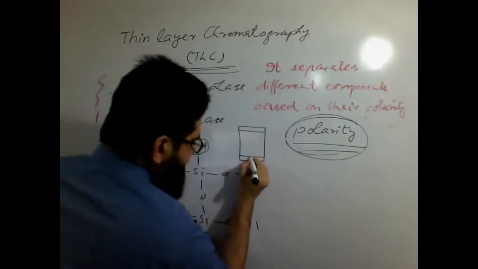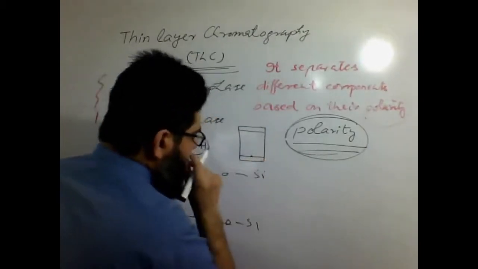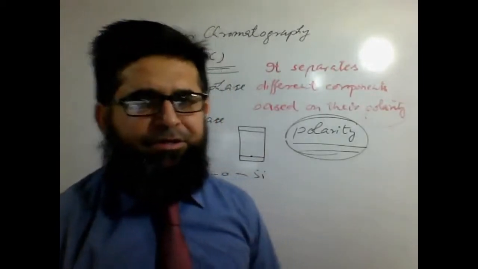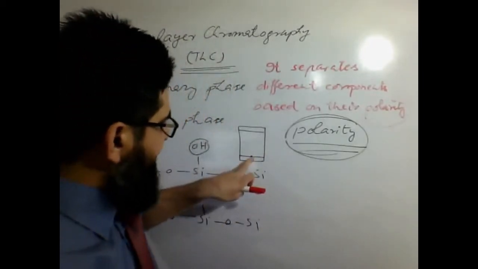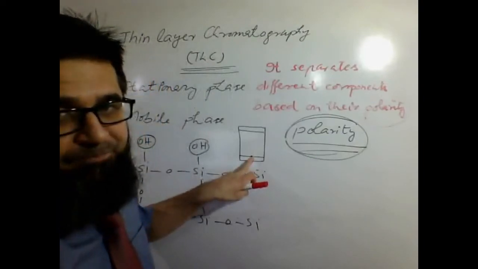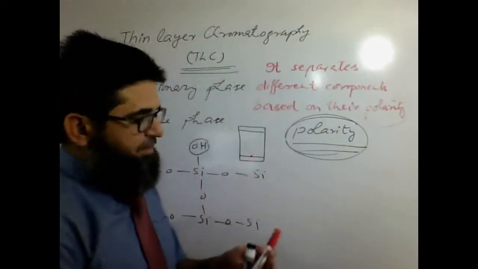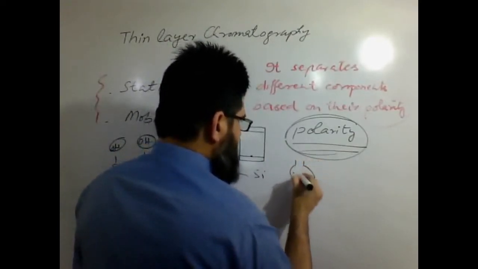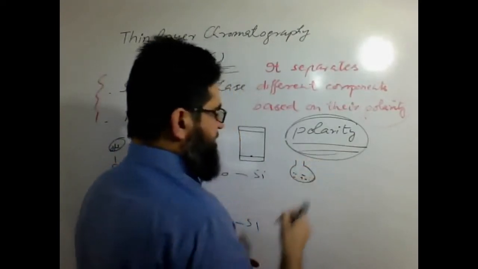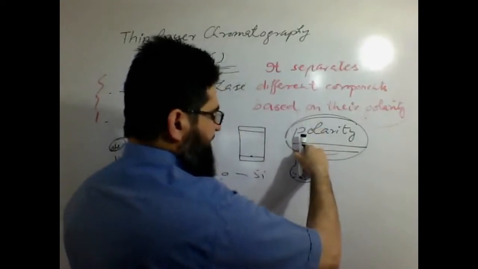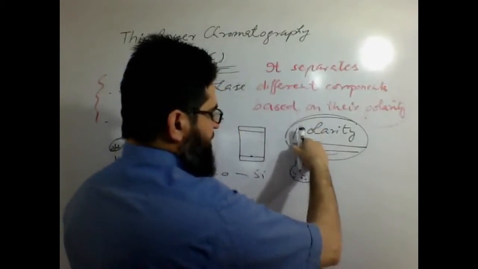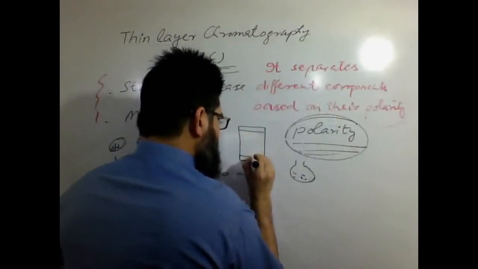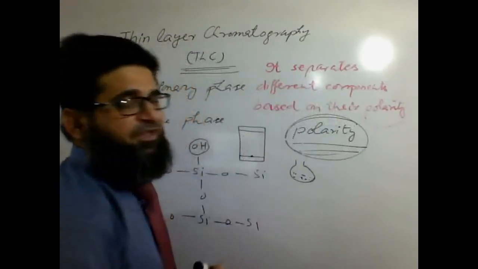So when we deposit some samples on the base of the silica plate, let's say the sample is present in a flask, some reaction mixture. We put a capillary tube in it, get some mixture out of it, and then deposit it on the silica, on this TLC sheet.